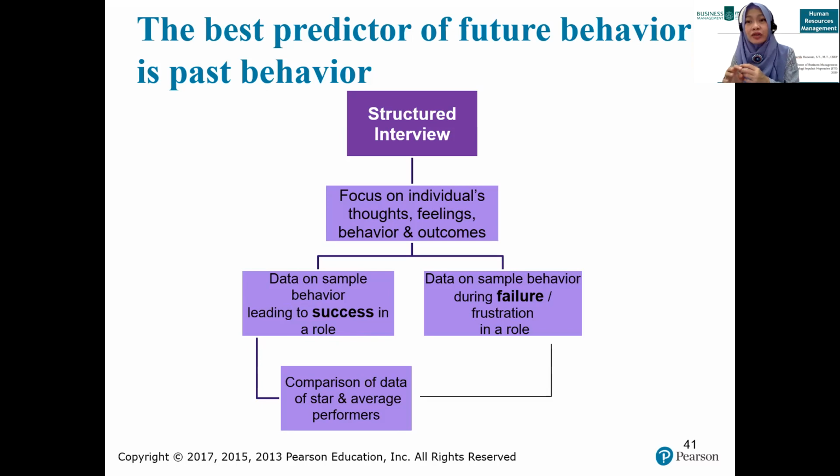And you can study the student who got the lowest GPA at your school to observe the behavior that leads to failure or frustration in performing the role. This is going to be a very valid study, because then you can compare and contrast between the star and the average performer, or even the good and bad performer.